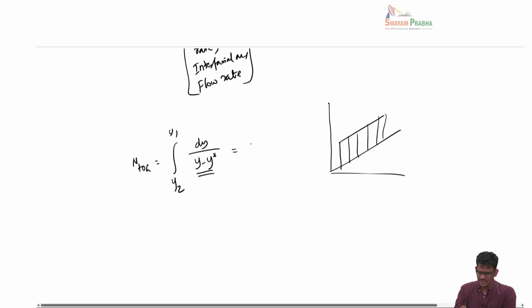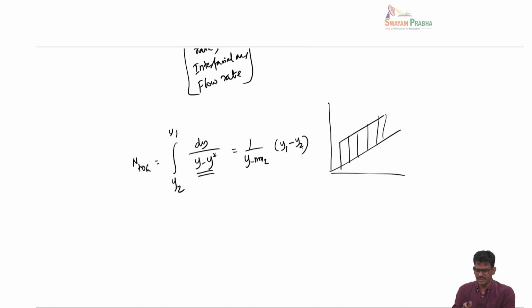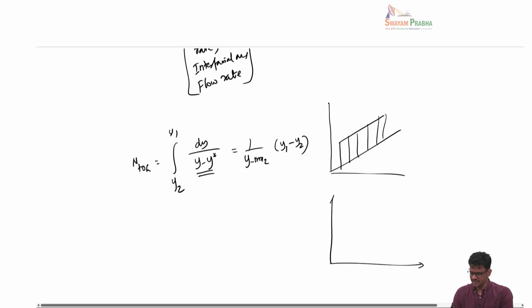So this simply becomes 1 by y minus mx2, and you get y1 minus y2, right? And that's how the NTUG can be directly calculated from here. You don't have to use the equation that I showed. That is only for the other case where the slopes are not necessarily equal.